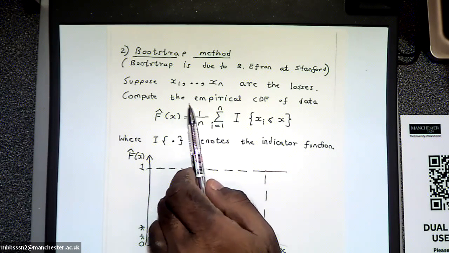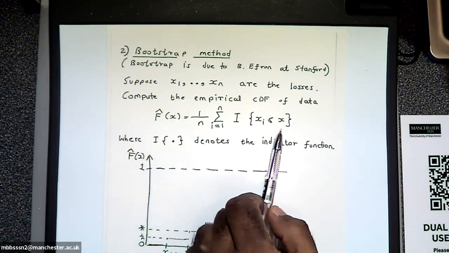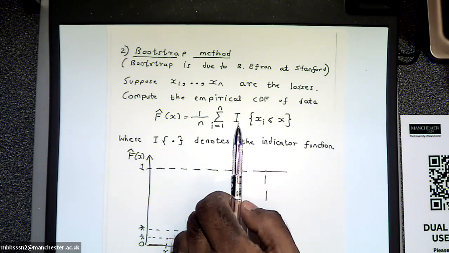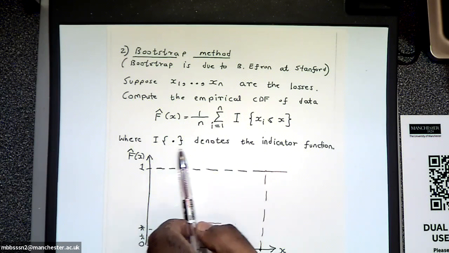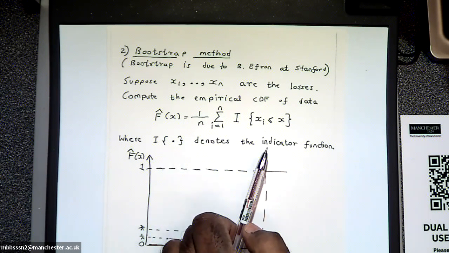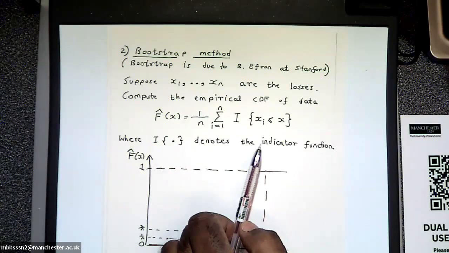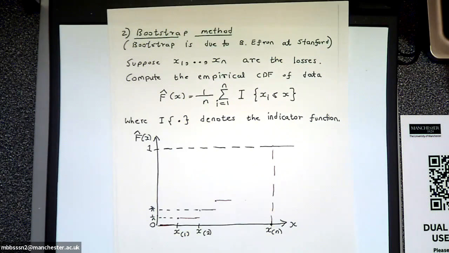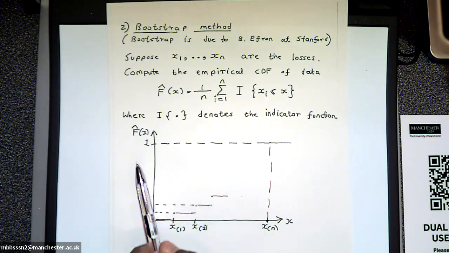The first thing you do is to compute the empirical CDF, which is given by this formula here, where I denotes the indicator function. You know what the indicator function is, right? Now, if you plot this versus x, it will look like a ladder.